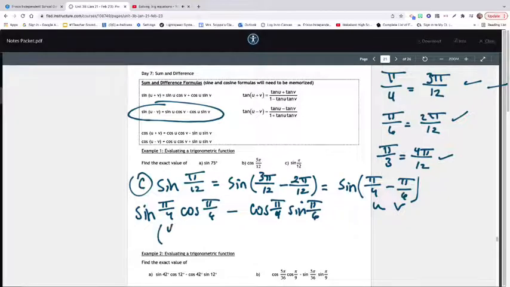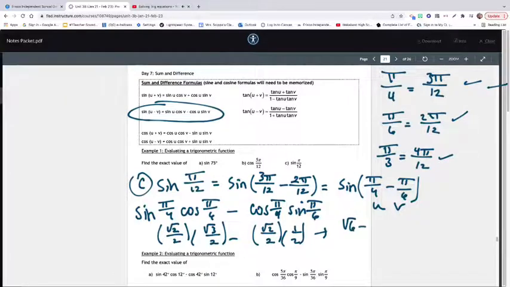So that's going to be square root of 2 over 2, square root of 3 over 2, minus square root of 2 over 2, 1/2. And then that gives me square root of 6 minus square root of 2 over 4. And that's my answer.